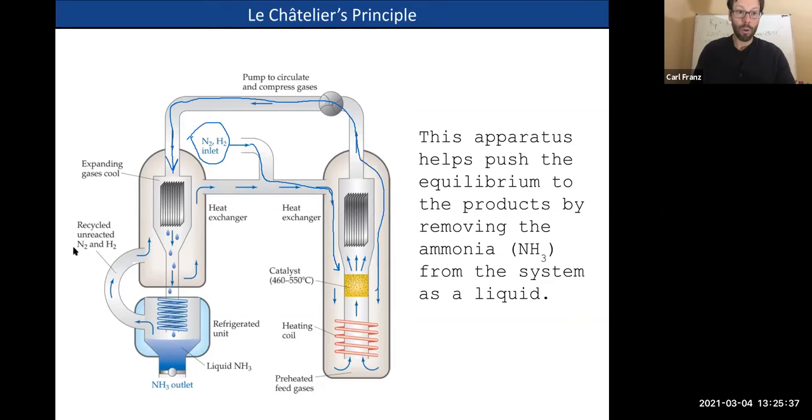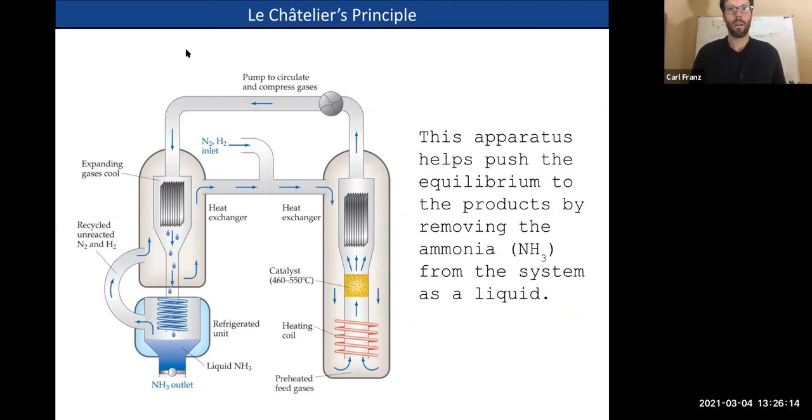The leftover nitrogen and hydrogen does not condense, and it gets pumped back into the system. And guess what? Since you've removed the ammonia by condensation, you've disrupted equilibrium, and now that leftover nitrogen and hydrogen are going to be driven toward the products, and you're going to make more ammonia. So by removing something from the system, it will drive the reaction one way or another, depending on what you're removing. Okay.